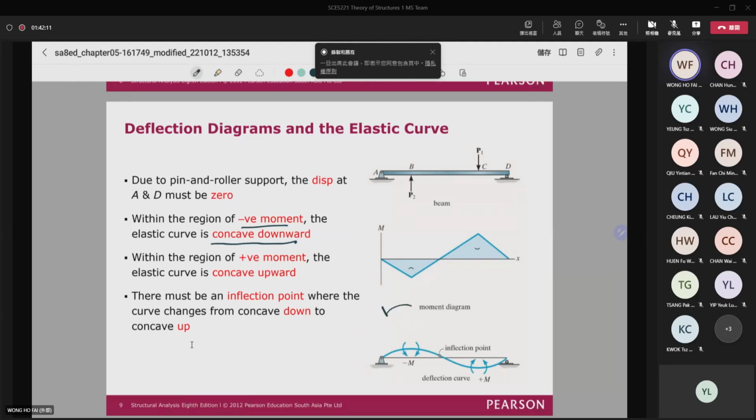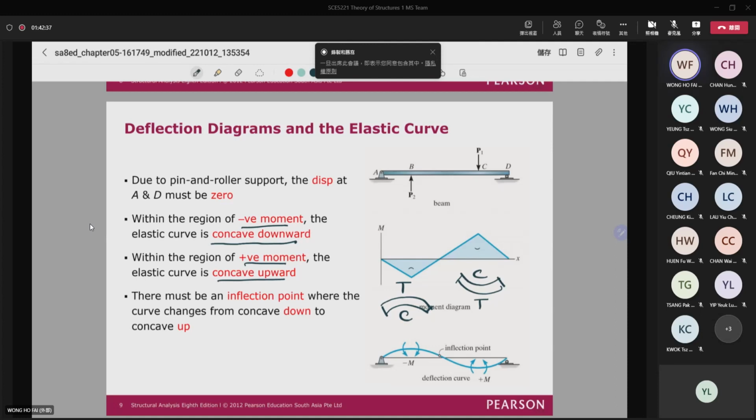So if you have the side like that, that means the compression is on this side and tension on the other side. We call this concave downward. For this one, when the bending moment is on the positive side, that means it is concave upward. So it is compression here and tension on this side.